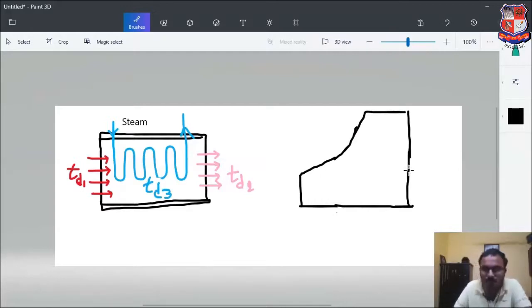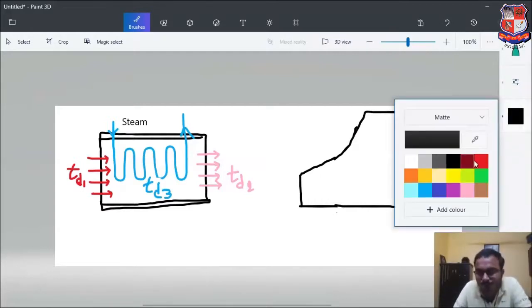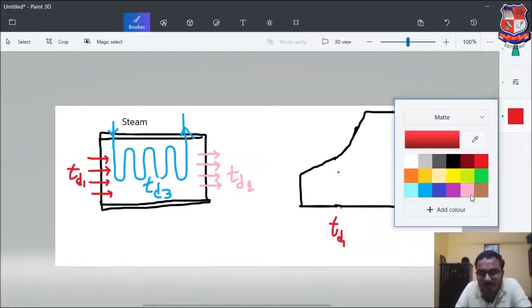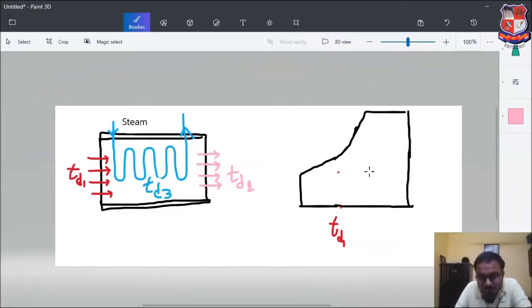Now here TD1 is the coldest point, and the exit temperature is TD2 as we are heating it.